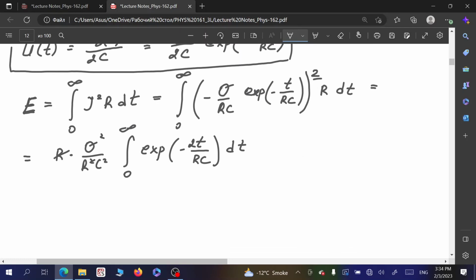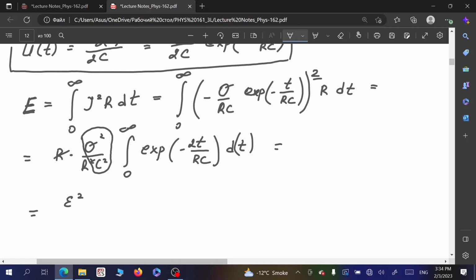Now we need to make the same expression next to the differential in order to integrate this expression. So that will be equal to epsilon square, which we substitute here.